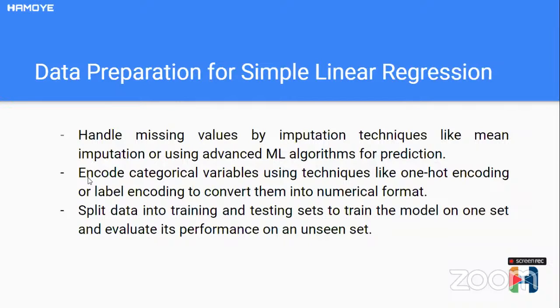If you want to perform model fitting with that particular data the way it is, it's not going to work out very fine because these models work more with numerical values. So you have to encode. Encoding can be using a particular numerical value for each category.